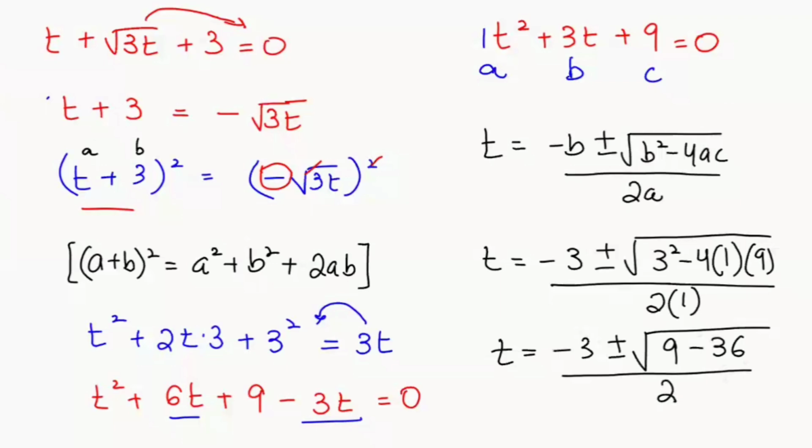Now this turns to t equals minus 3 plus or minus root of negative 27 over 2.